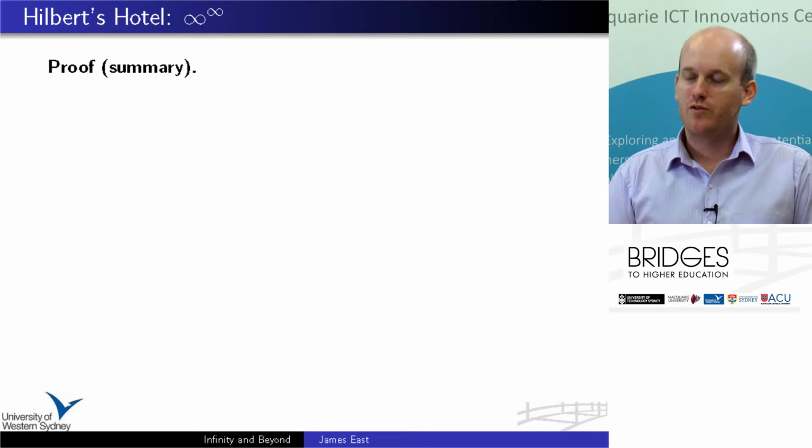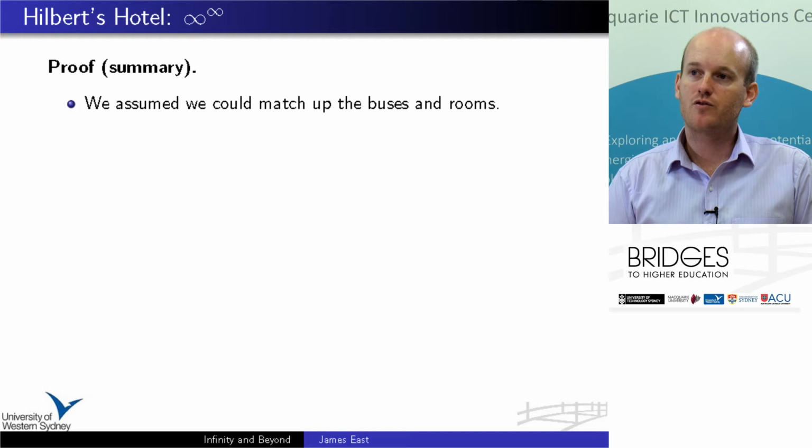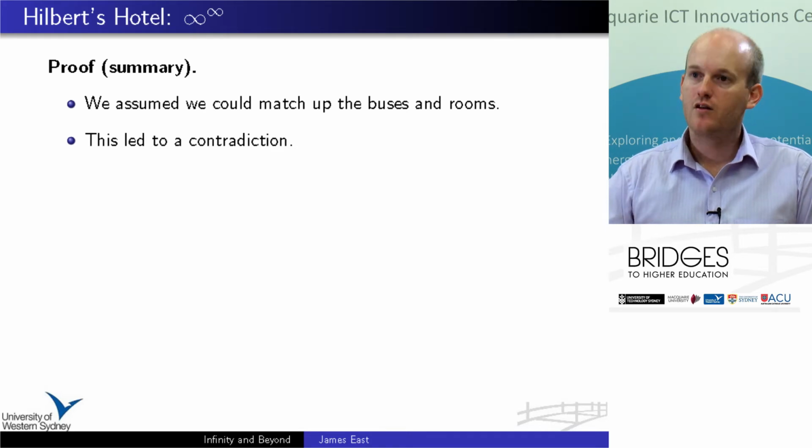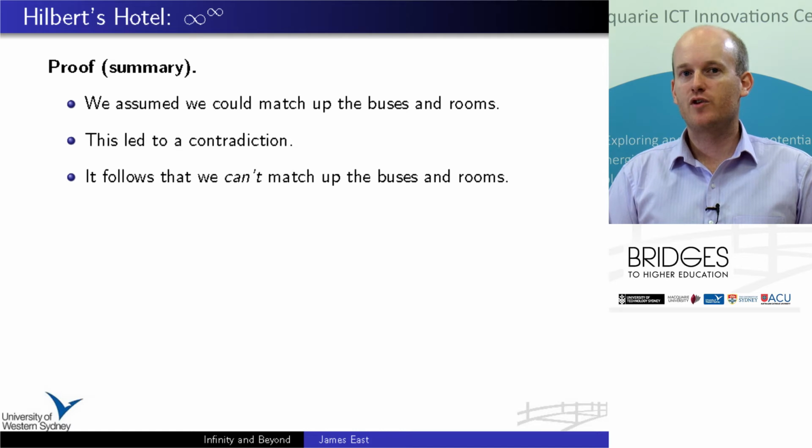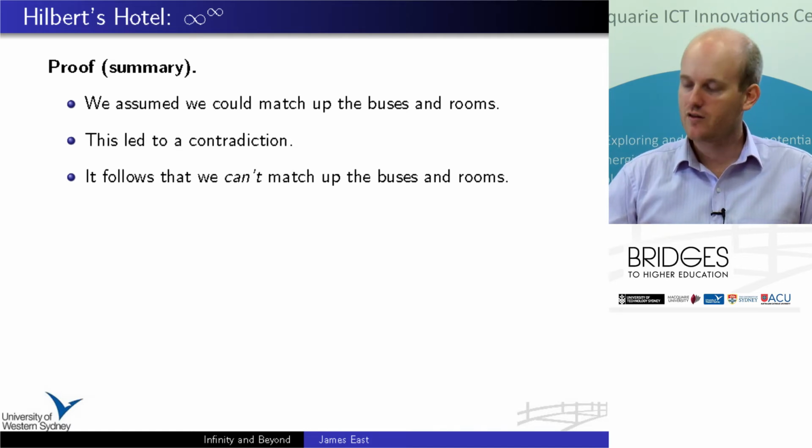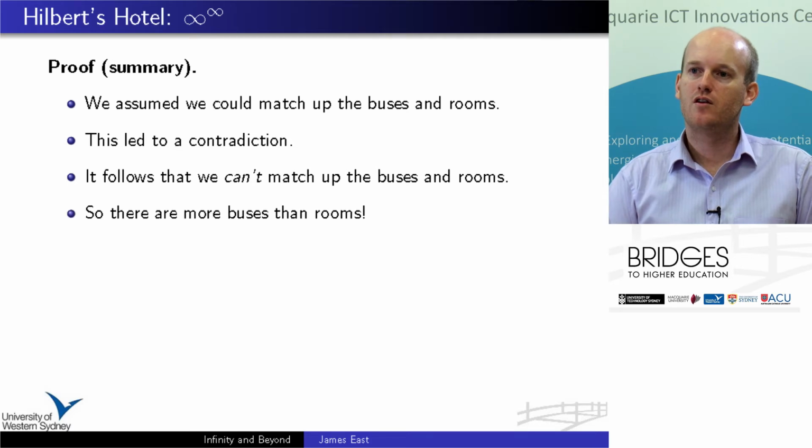So let me just recap what we've done here. We've assumed that we could match all the buses up to the rooms. This led us to an absurd contradiction. So we conclude that our original assumption must have been faulty. It's not the case that we can match the buses up to the rooms. So in other words, there are more buses than rooms.